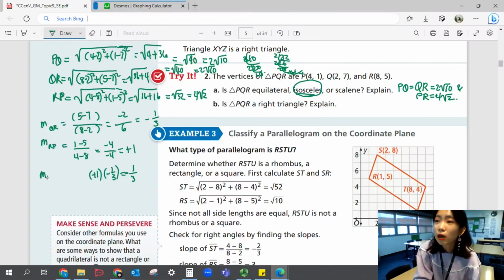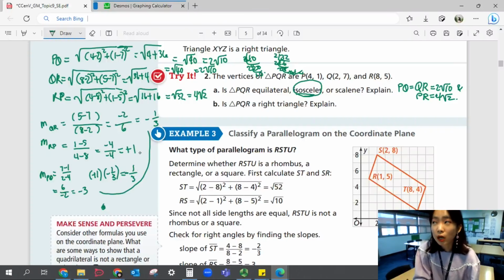PQ? Yeah. The slope of PQ is equal to 7 minus 1 over 2 minus 4, which is 6 over negative 2, which is negative 3. So none of them are opposite reciprocals. These two are pretty close, but they are not opposite, right? They are reciprocals, but they're not opposites.